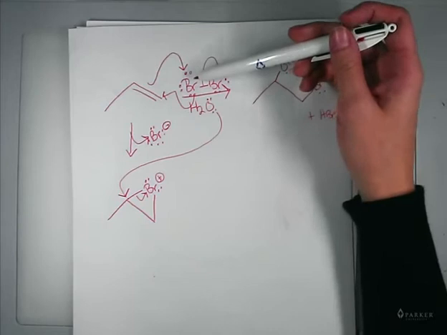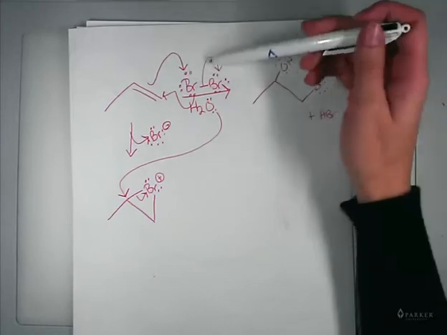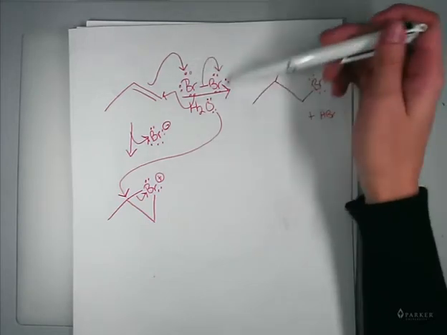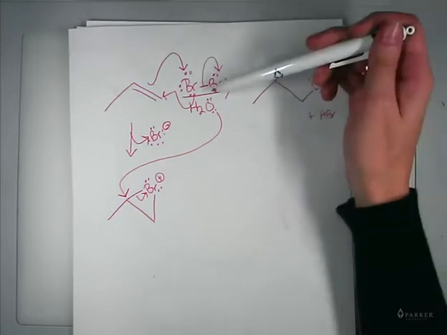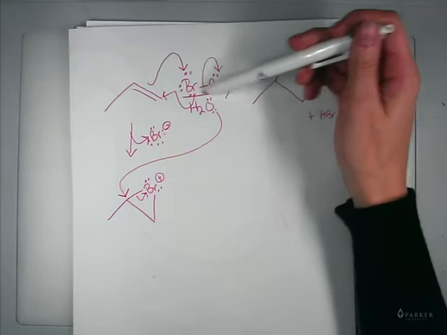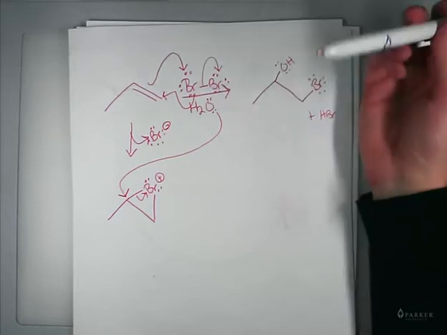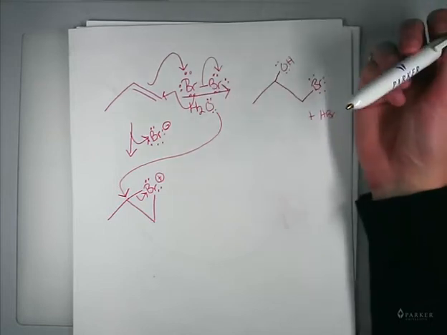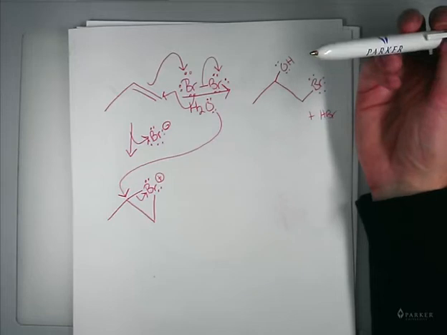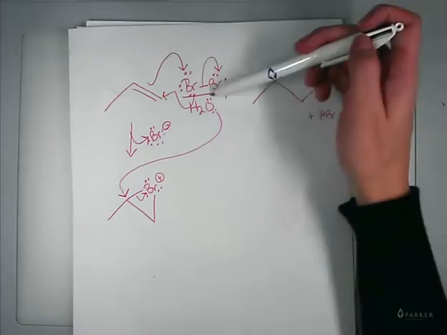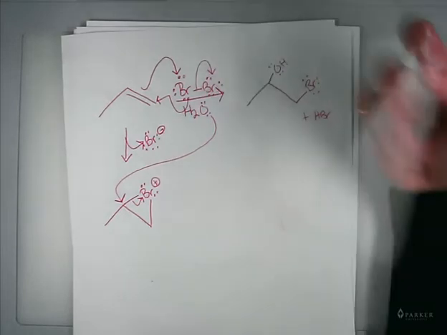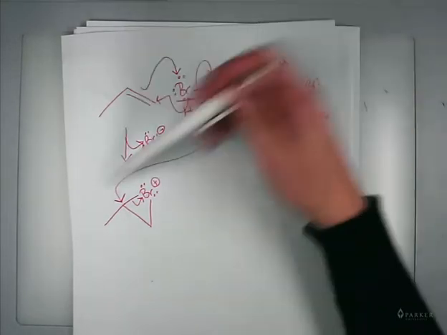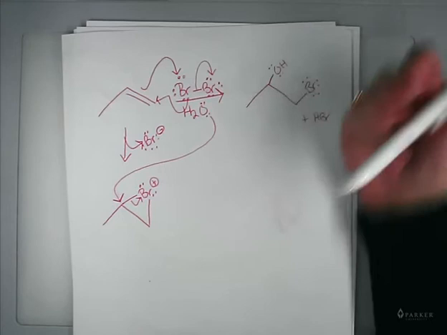So let's say I have this beaker, and I put in 2 milliliters of bromine, Br2. And then I'll put in maybe 50 milliliters of water. Maybe more. But do you see I have so much more water than I do bromine? It overwhelms the bromine so that water gets a chance to attack.